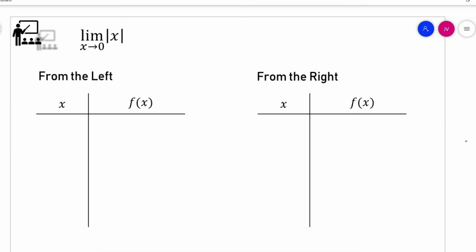So pwede tayong mag-assign ng negative 0.3, negative 0.1, negative 0.0000009, negative 0.0000001.